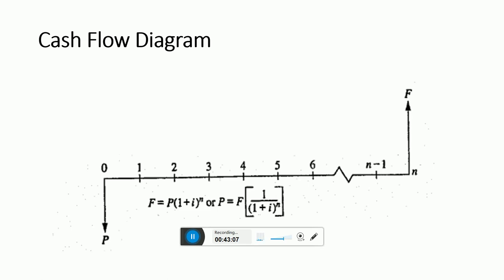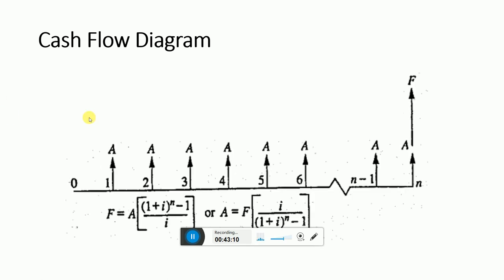Let's see some other cash flow diagrams. This is another cash flow diagram where we have introduced the new component A. Here we have a uniform end of period payment or receipt, which continues for n periods of time.